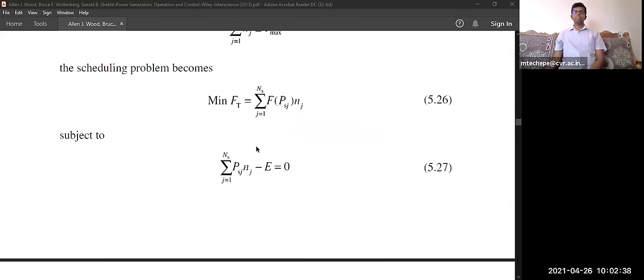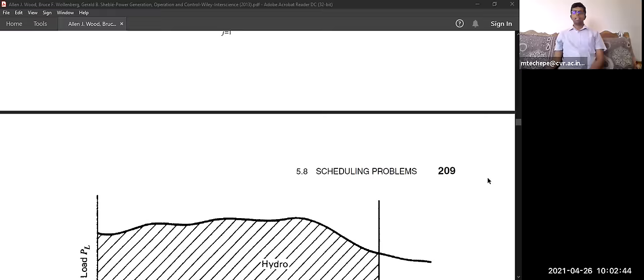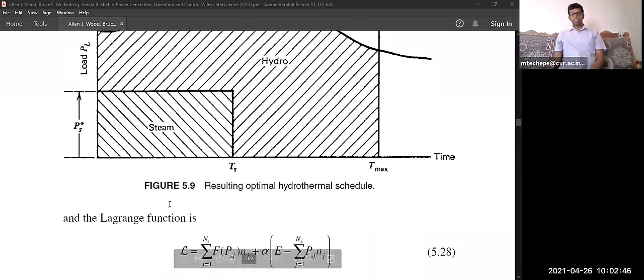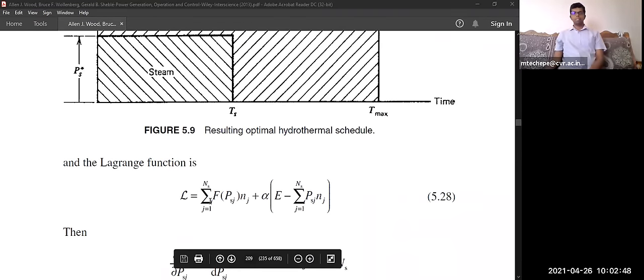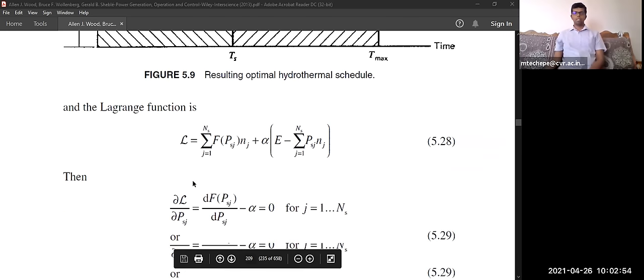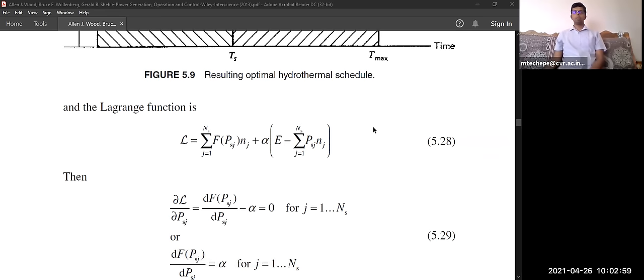So next step, we had the objective function as well as the constraints. What is the next step? We have to form the Lagrange's function. What is the Lagrange's function? Lagrange's function is nothing but the objective function plus some constant into the constraints.